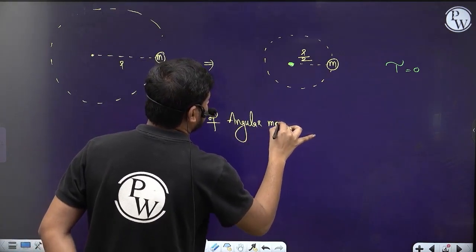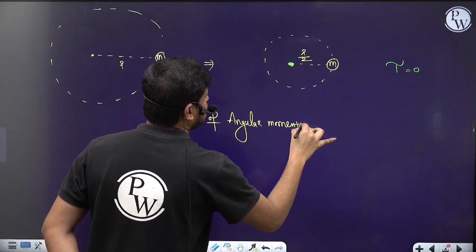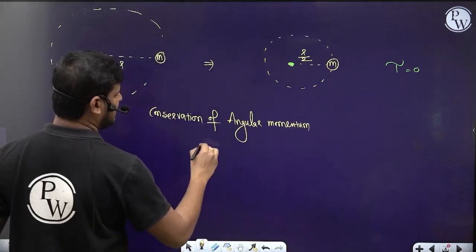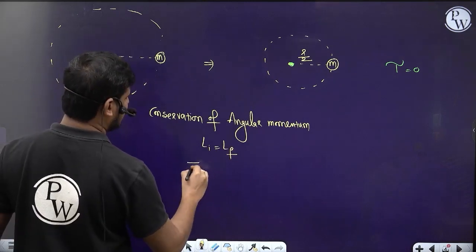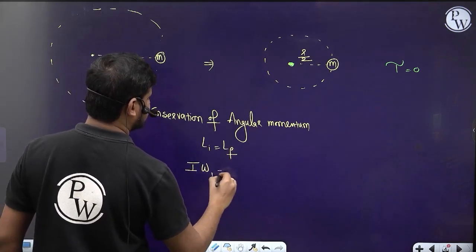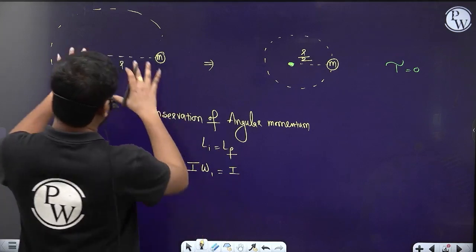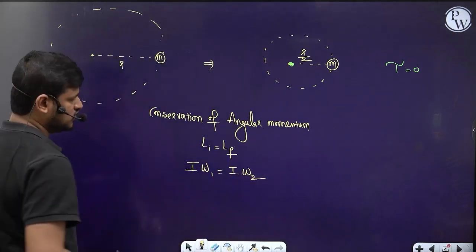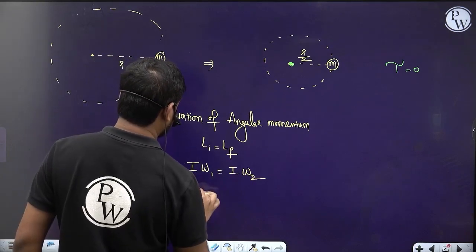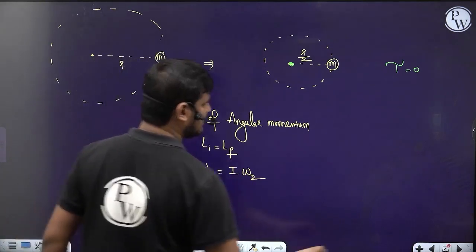Alright, so see here. Let's say L initial is equal to L final. So it's moment of inertia I omega 1, and the same mass, so I omega 2. Yes or no? Shall I write here? What is I? This is a ring, right?